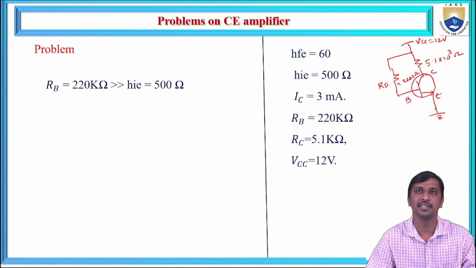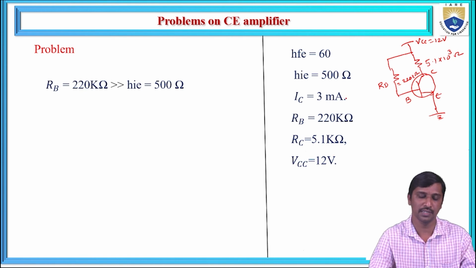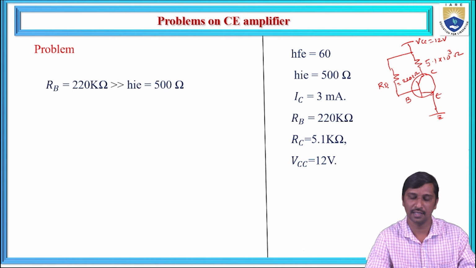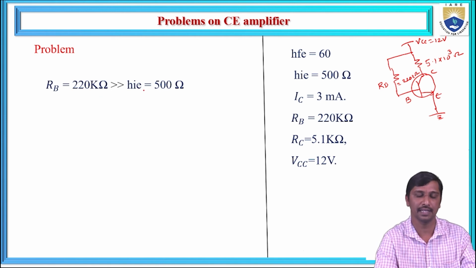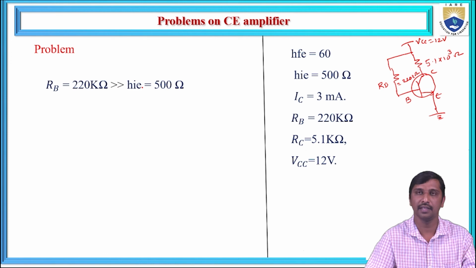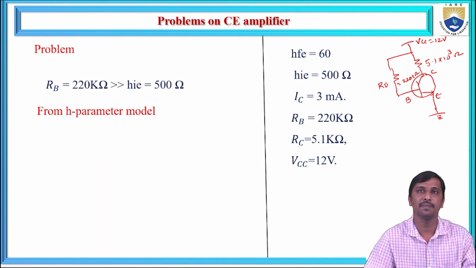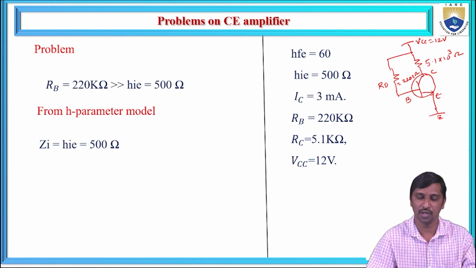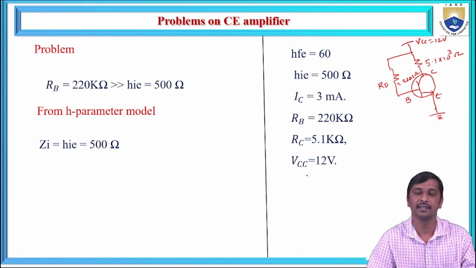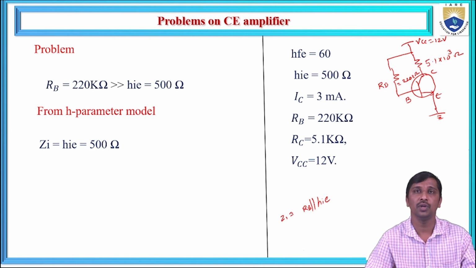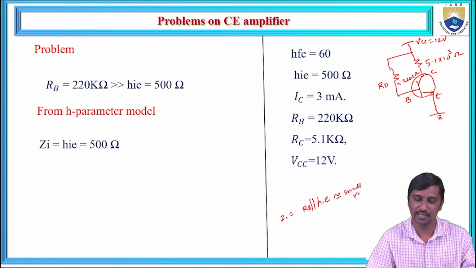So for this case, we need to calculate the parameters. From the fixed bias, if you observe, the base resistance RB is much greater than the input impedance hie. From the h parameter model, if you want to calculate the total input impedance along with the base resistance, Zi is RB in parallel with hie. When two unequal resistances are in parallel, the equivalent resistance is approximately equal to the smaller resistance.